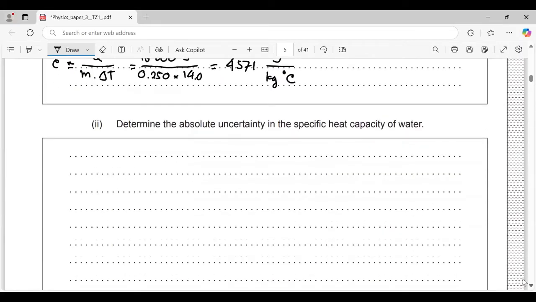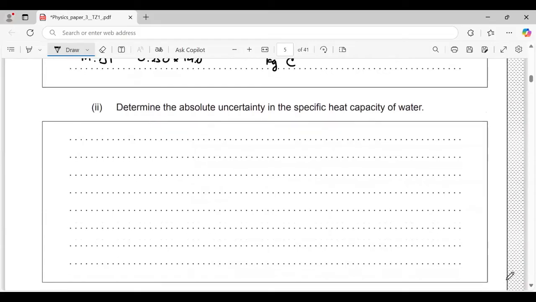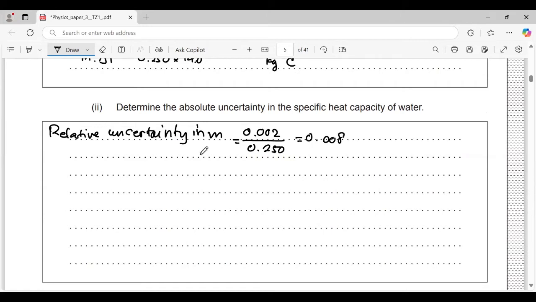Determine the absolute uncertainty in the specific heat capacity of water. We need to determine first the relative uncertainty. The relative uncertainty in mass is 0.002 over 0.250, the result is 0.008.